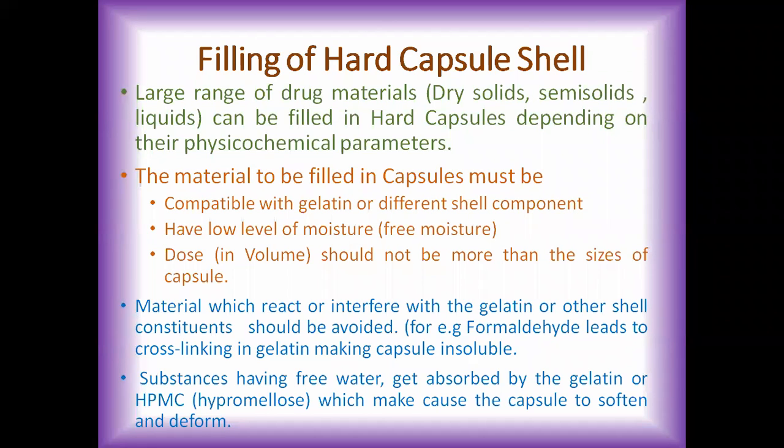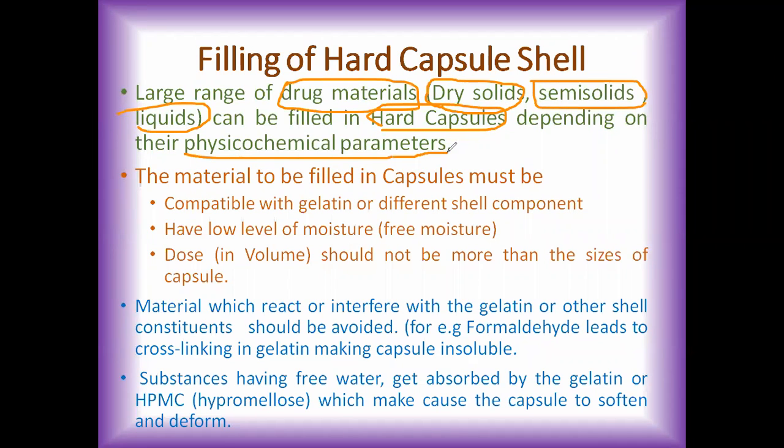Specifically here we are talking about the third step, that is the dosing: what kind of material we can fill into the hard capsule shells. A large variety of drug materials can be filled, which includes dry solids, semi-solids, and even liquids, depending on the physicochemical properties of the material which we are going to fill into the hard gelatin capsule.